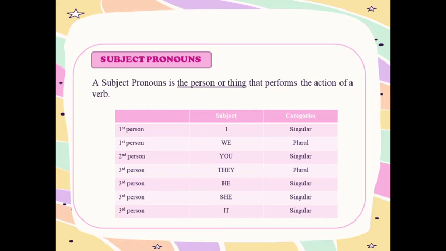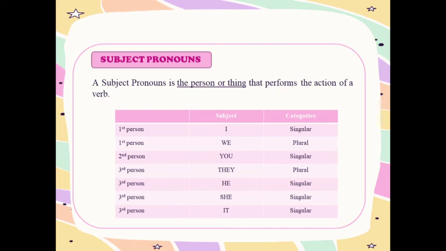The subject I refers to the first person in singular. We refers to the first person in plural. You refers to the second person in singular. They refers to the third person in plural. He refers to the third person male in singular.